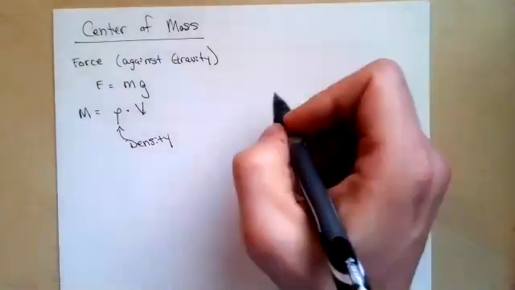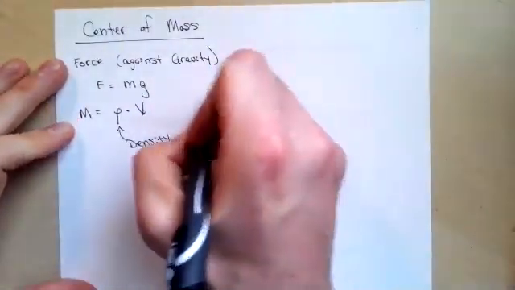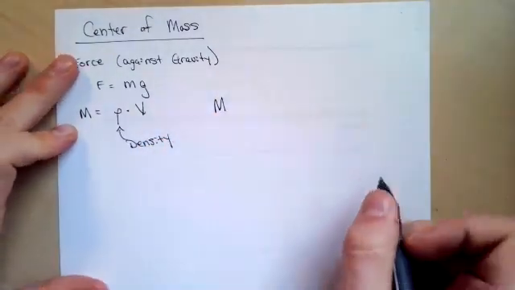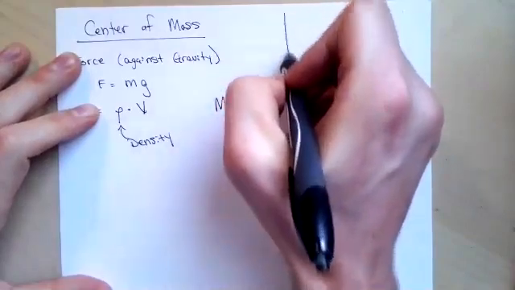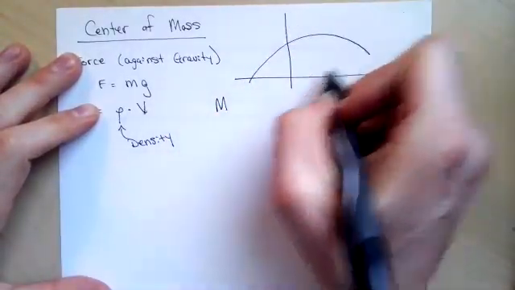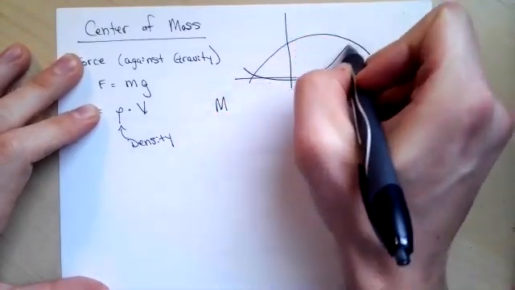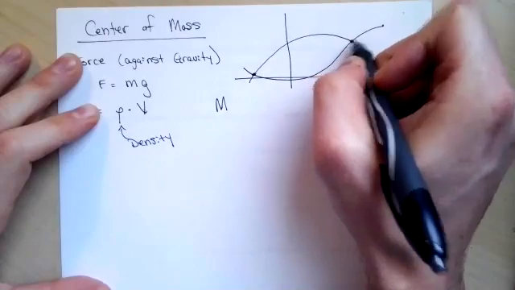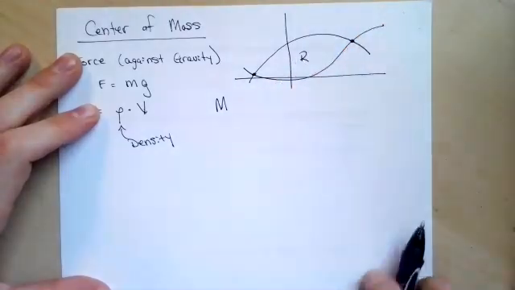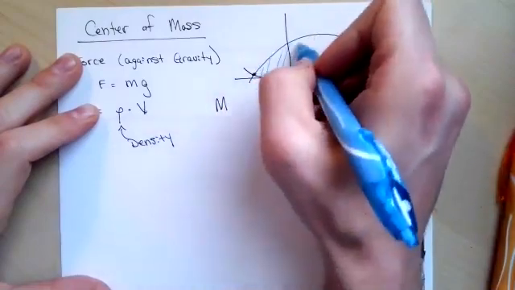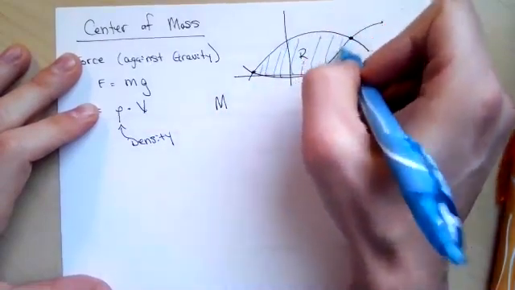And so our mass, our total mass of a system. And so a priori, what are we doing? We usually have some sort of shape defined by curves, and we'll call it some region R. We often call these two-dimensional objects lamina.